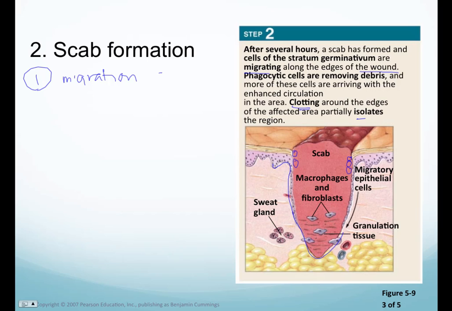Okay, so scab formation: migration of stratum basale cells around the site of injury.